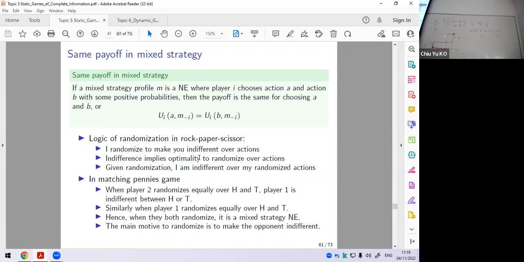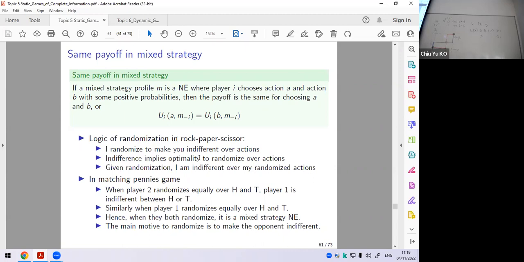Okay. And probably the question is, if every action is the same to me, why randomize? Why not just choose one? The reason why you want to randomize is that when you randomize, you make sure the other guy is also indifferent. Like this, why do you want to randomize rock, paper, scissors?